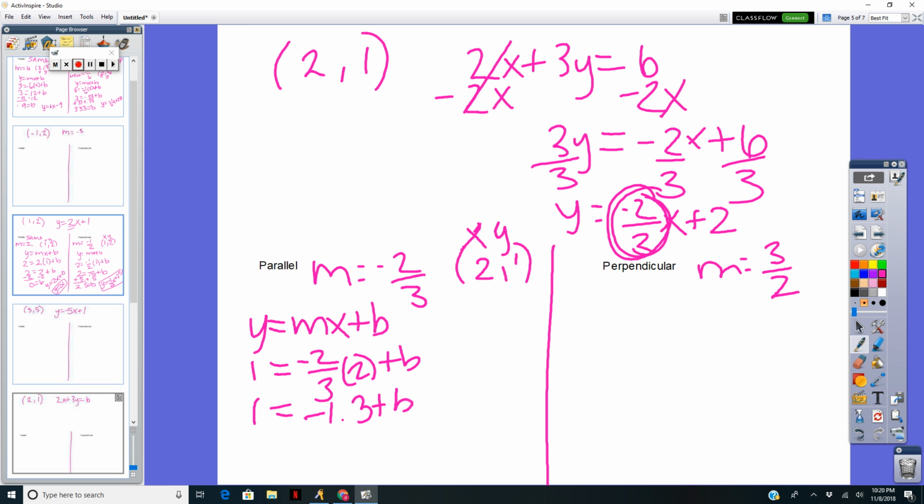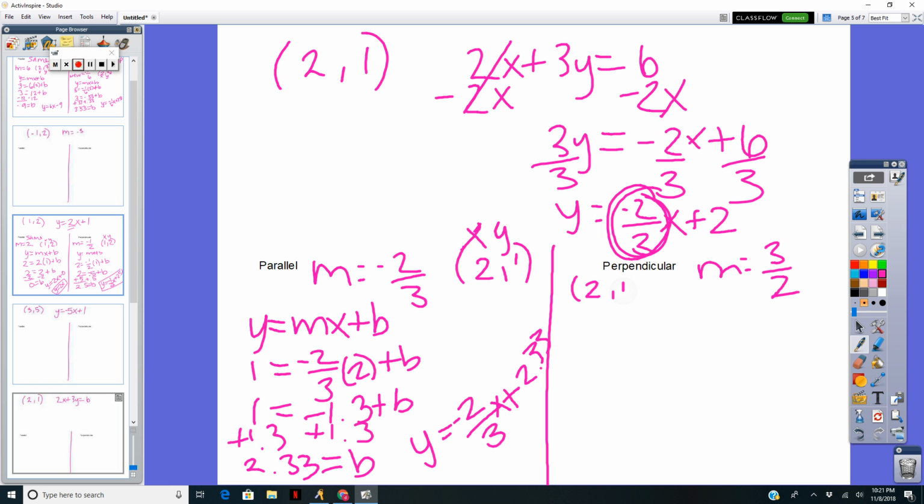I don't have a calculator, so if I'm wrong, I'm sorry. And then, of course, I need to cancel it out, so plus 1.33. So this is 2.33 equals b. So now I can write the equation from that. y equals negative 2 over 3x plus 2.33. That's the parallel line.